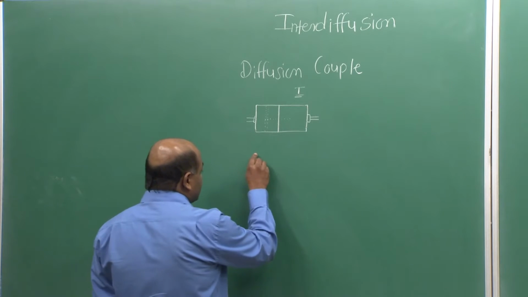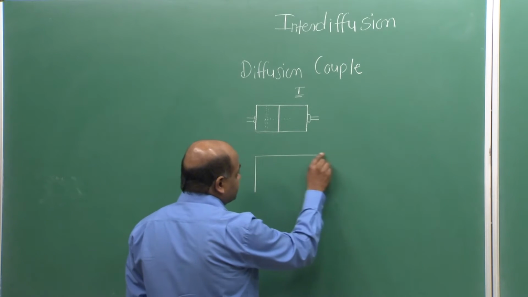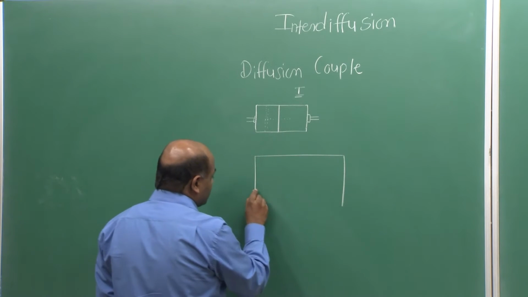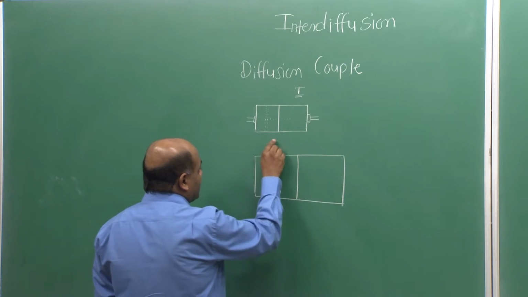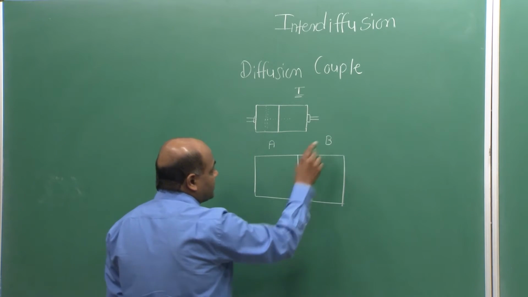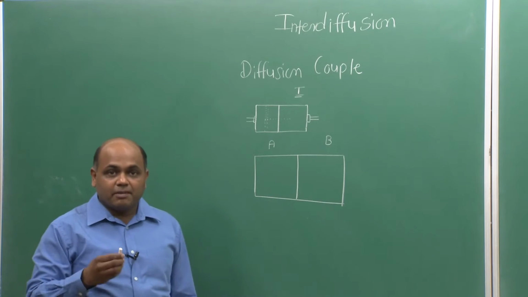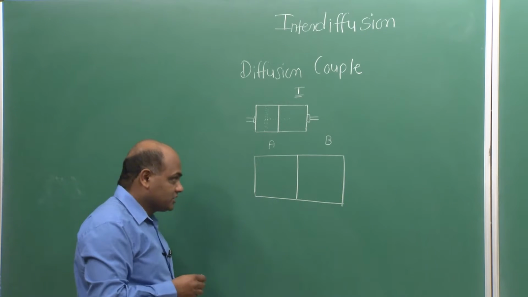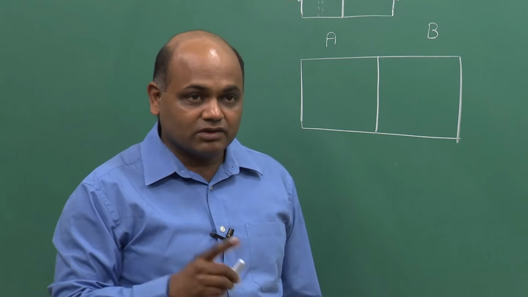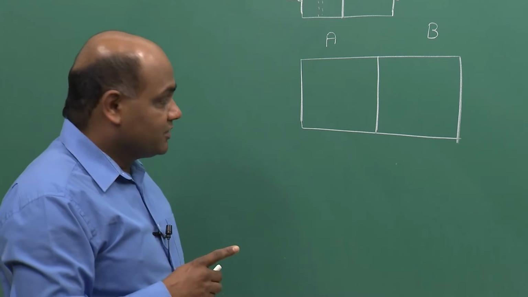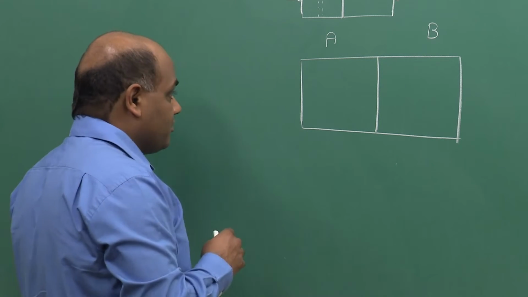Suppose we started with two different alloys A and B. Let us first consider binary alloy. So, just one concentration variable is sufficient to define the composition of each individual alloy block.